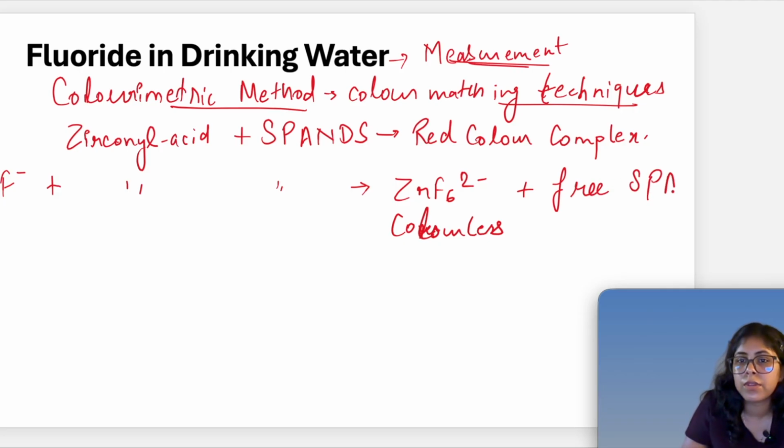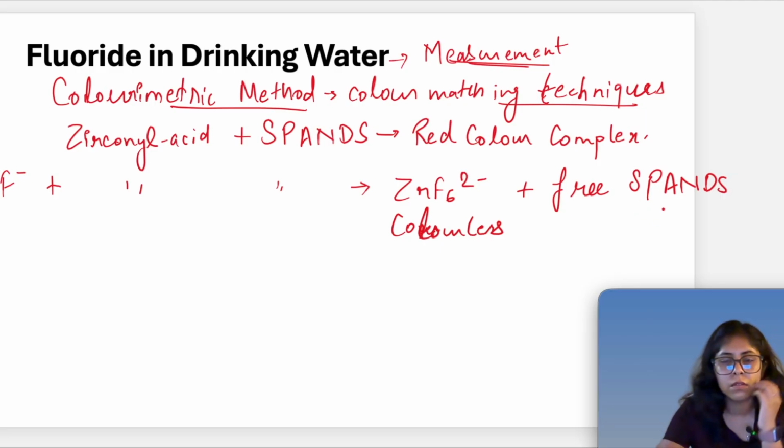So we have free SPADNS, right? And the red color complex will get lighter, right? Because zirconyl and SPADNS were initially creating a very deep red complex, and then you are adding the water, which is heavily loaded with fluorides.